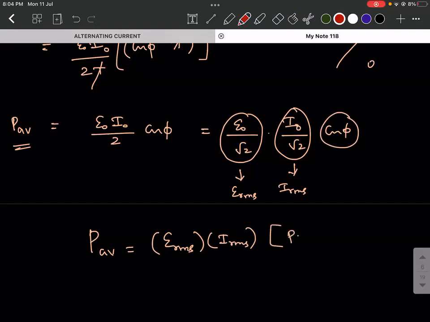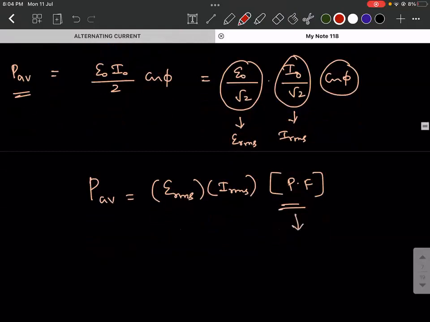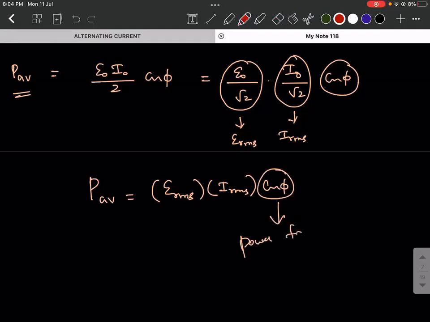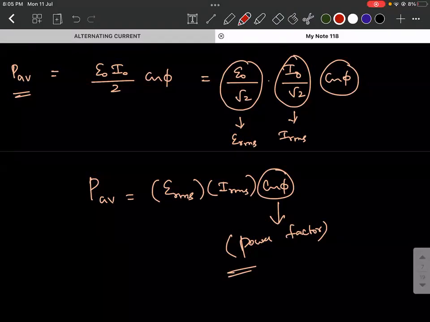This cos phi is called PF, which is power factor. Average power is equal to ERMS into IRMS into cos phi.